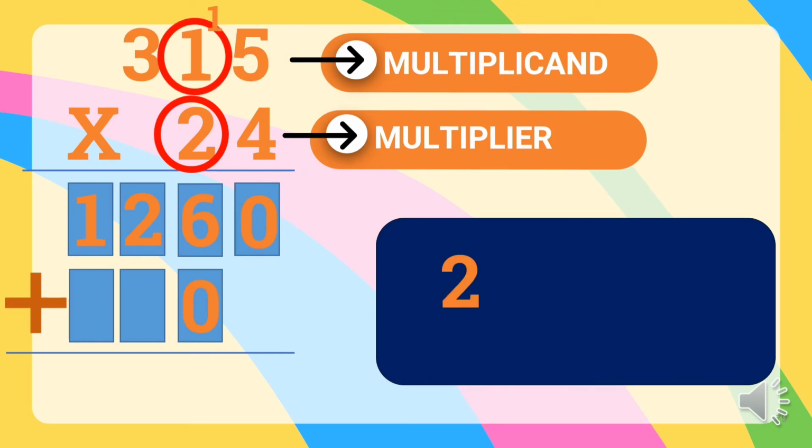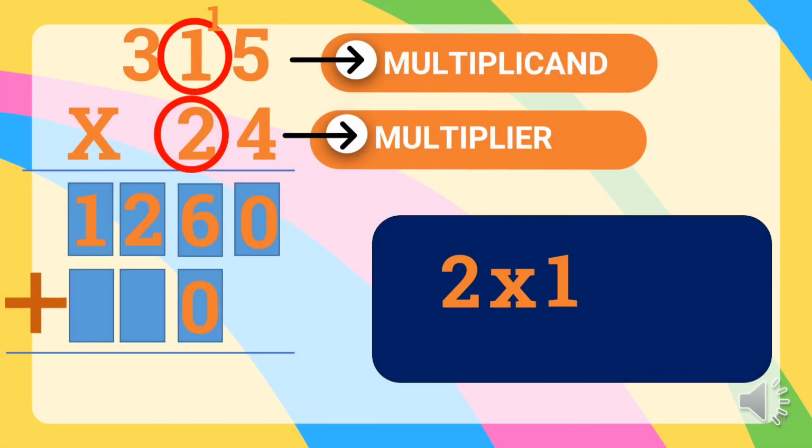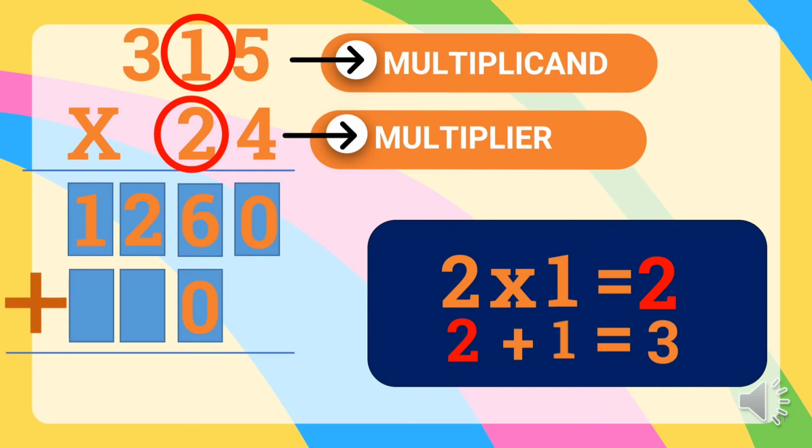So, 2 times 1 is equal to 2. 2 plus 1 is equal to 3.